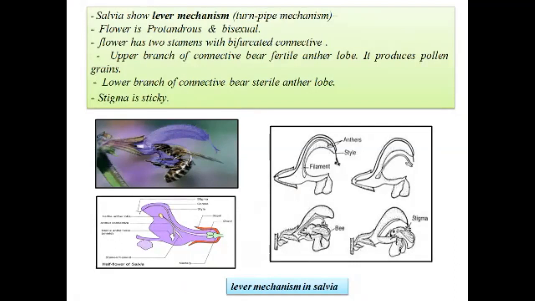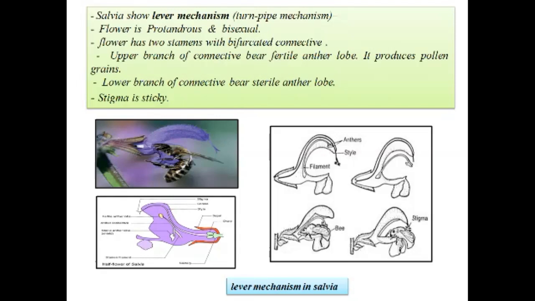When an insect visits this flower, it settles on the sterile branch and the upper anther lobe dusts its back to liberate pollen grains.